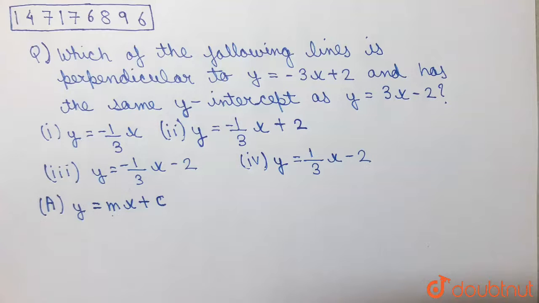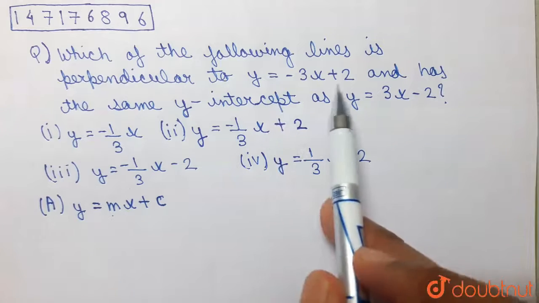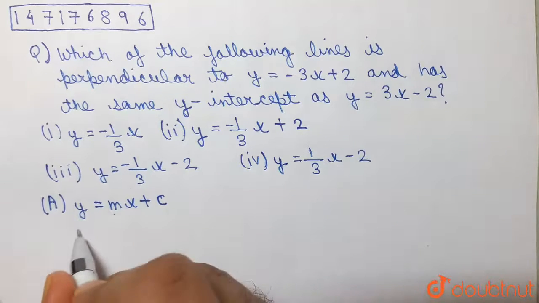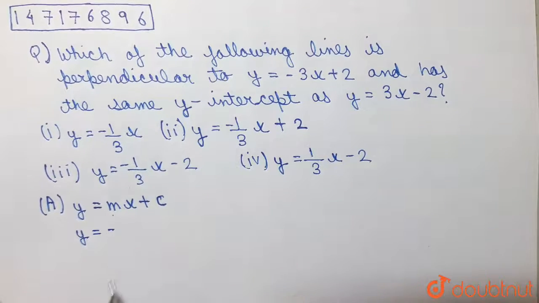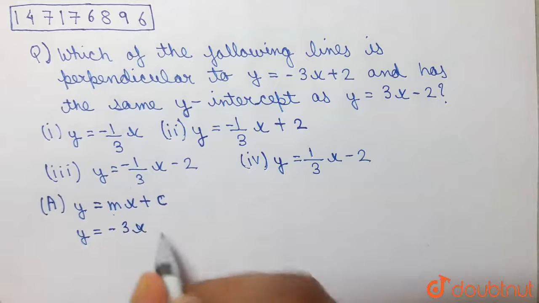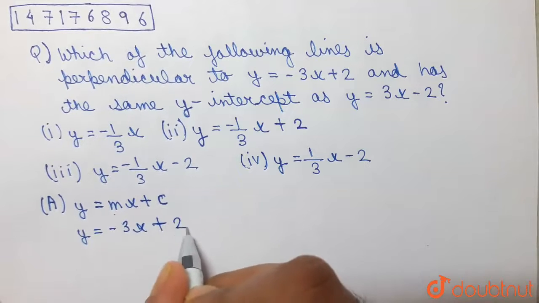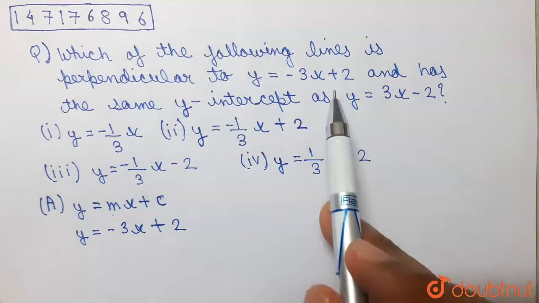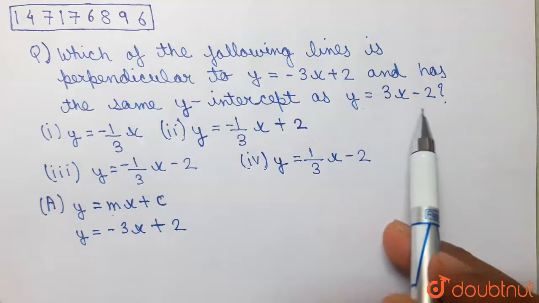So the two lines we are given in the question are y is equal to minus 3x plus 2, and y is equal to 3x minus 2.